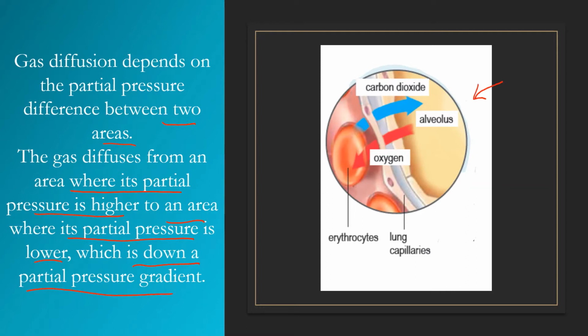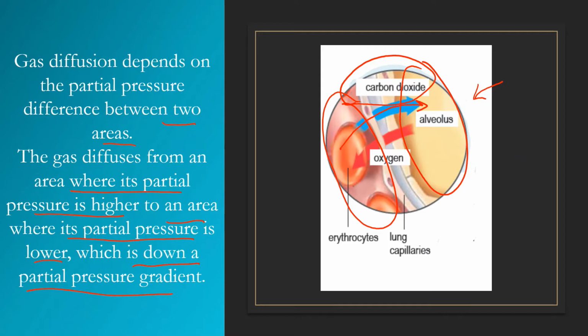Look at this example. In this picture, you can see the area of lung capillaries and the other side is the area of an alveolus. If you look at the carbon dioxide movement, carbon dioxide will diffuse from the lung capillary into the alveolus.